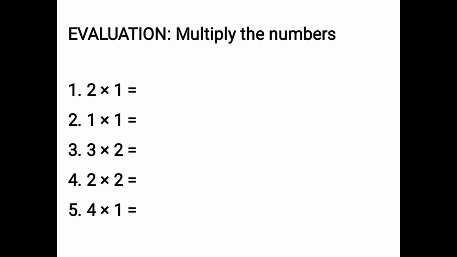So how many ice creams can you see there? It's just 2, right? You write your answer. Next, you have 1 group and you have 1 ice cream inside it. So what's your answer?